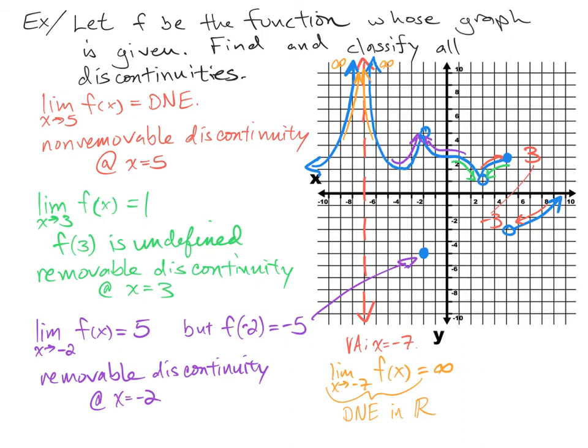And so since this limit does not exist in the real numbers, we can say that there is a non-removable discontinuity at x equals -7. So again, I want to just reiterate that even though you can find an answer to a limit, it needs to exist in the real numbers. Infinity is not a real number. So this limit does not exist in the sense that we can't call it a number.